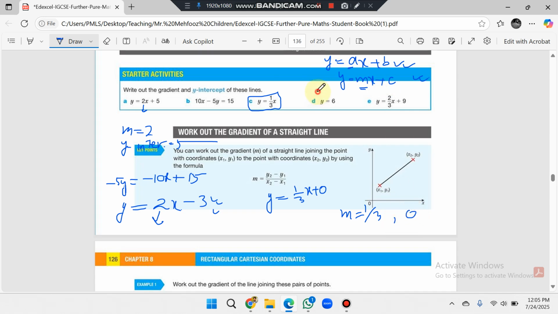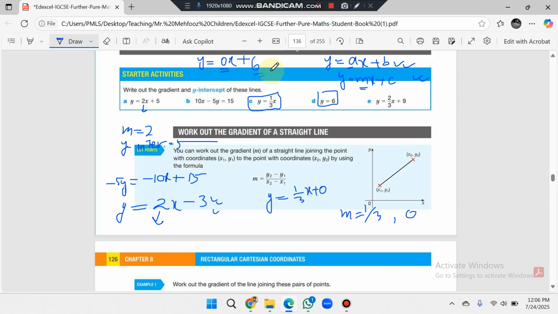Okay. In part D, you can see that we don't have any value involving x. So if we write it in the form of the general equation, we write 0x plus 6. So what is the gradient? That is 0. What is the y-intercept?